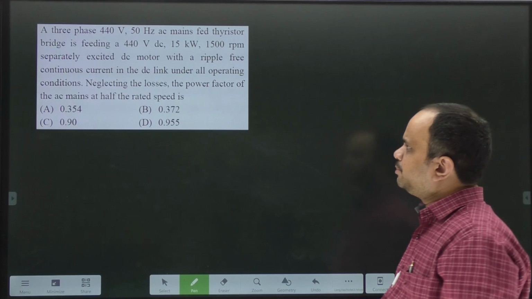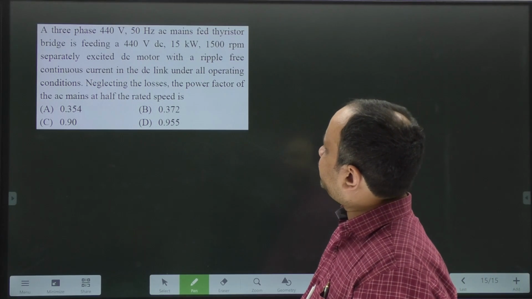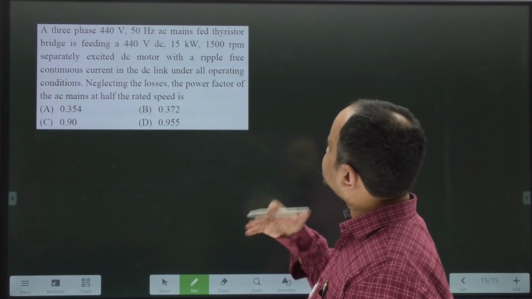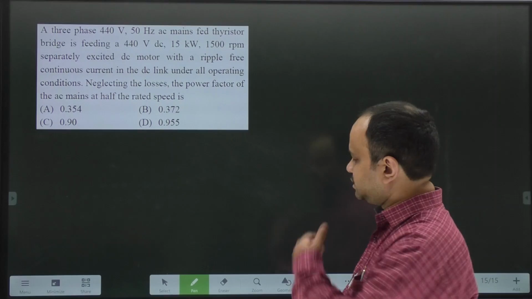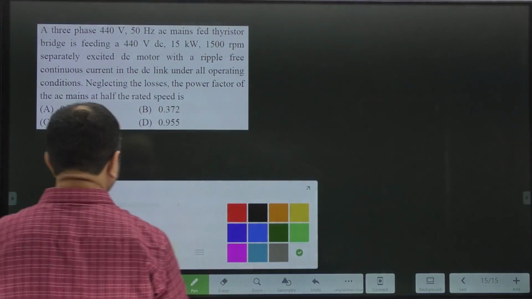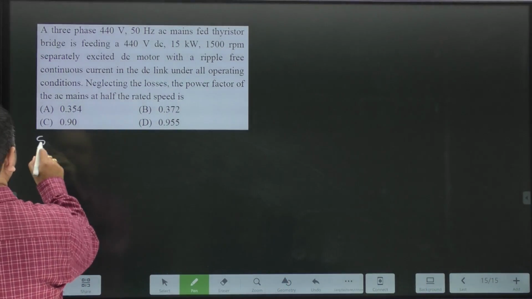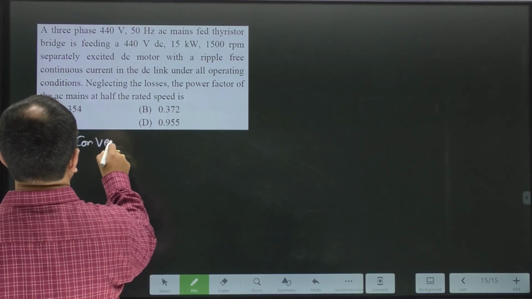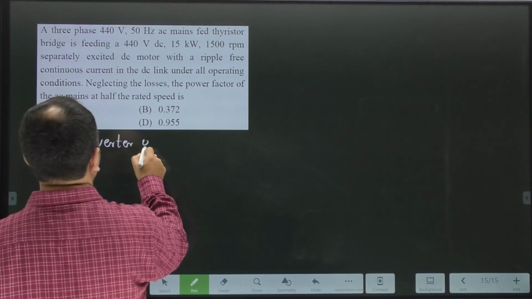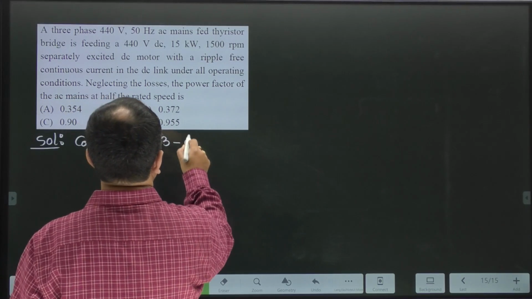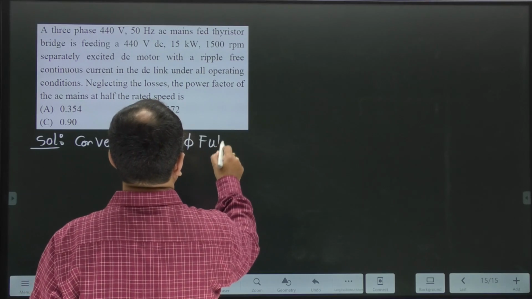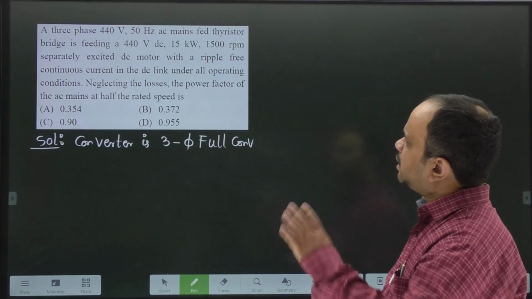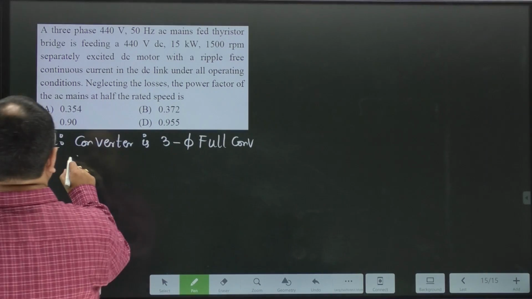Now, let us take another problem. A 3-phase 440 volt 50 hertz AC mains fed thyristor bridge. What do you mean by the converter circuit given here? Converter is a three-phase full converter.